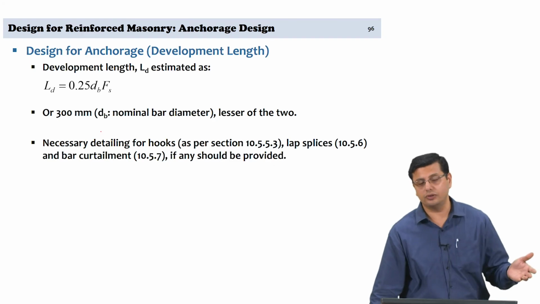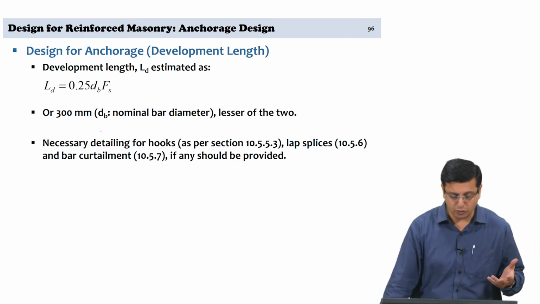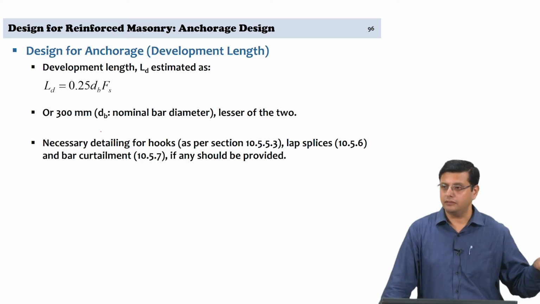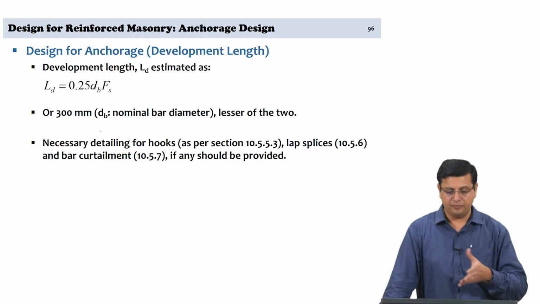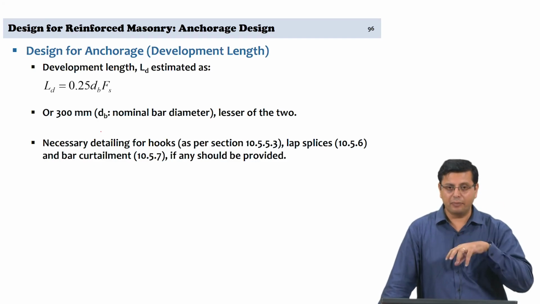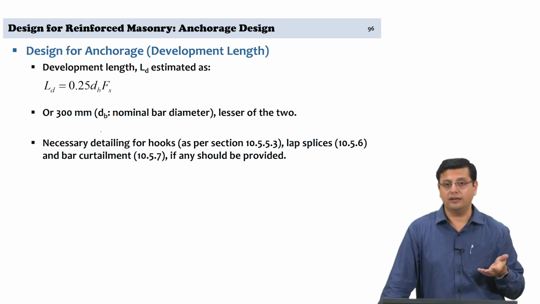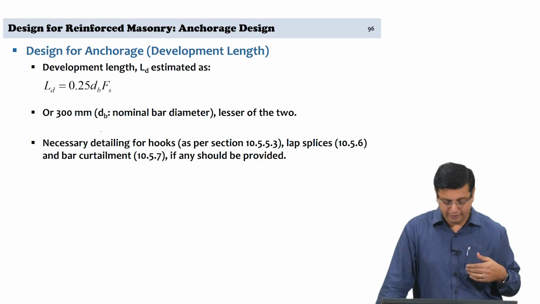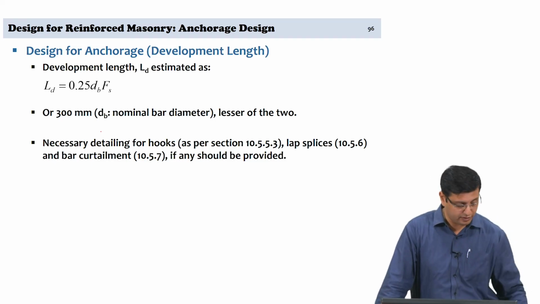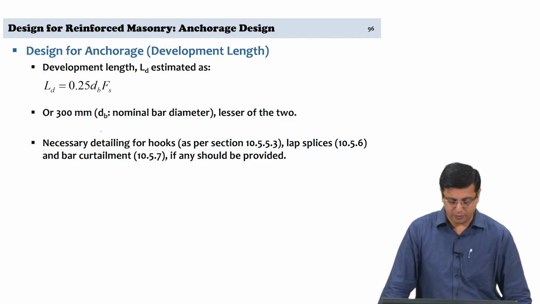You're also allowed to provide hooks as you would in reinforced concrete, where development length is becoming difficult because of congestion of reinforcement or practical difficulty in placing an extension of the steel bar. You are allowed to go in with hooks, and we have seen that there is a section that tells you the detailing of the hook as in reinforced concrete has to be taken care of.